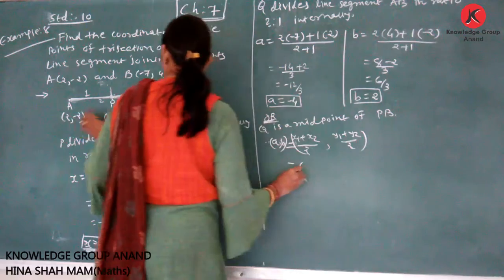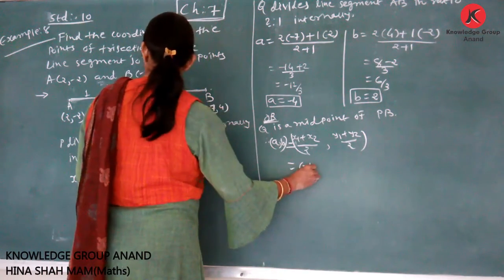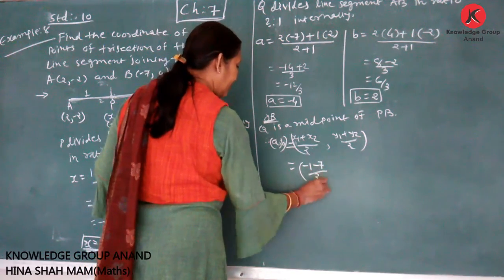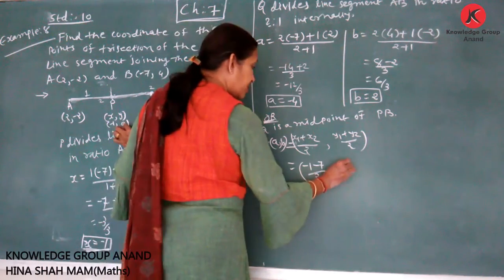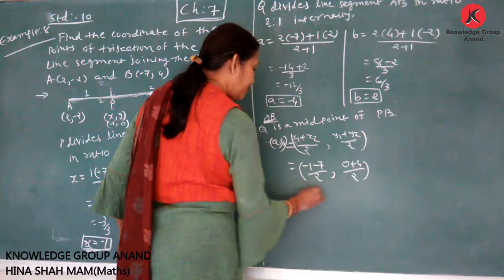Here x1 is equal to minus 1 and x2 is equal to minus 7, divided by 2; y1 is 0 and y2 is 4, divided by 2.